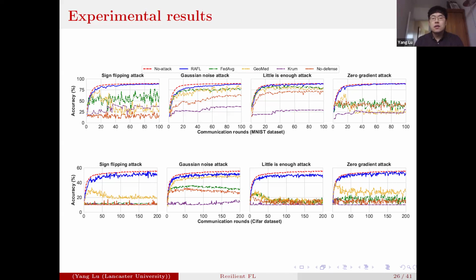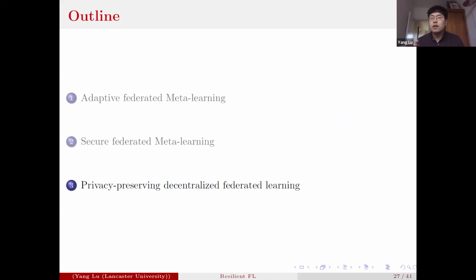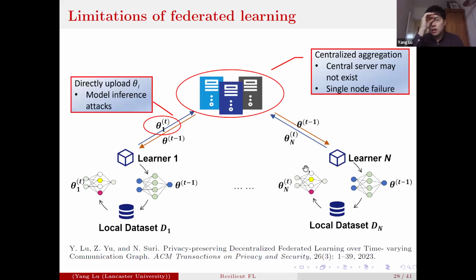Right. Okay. And then I'm going to keep talking about the third one, privacy preserving decentralized federated learning. In this work, we will try to address the privacy issue and also the central server issue.